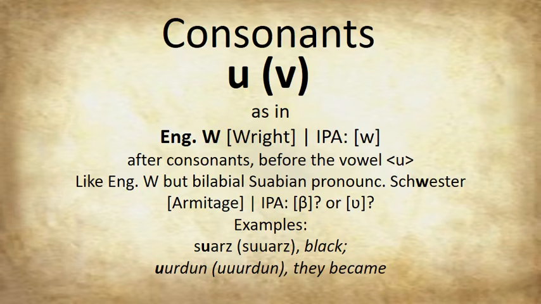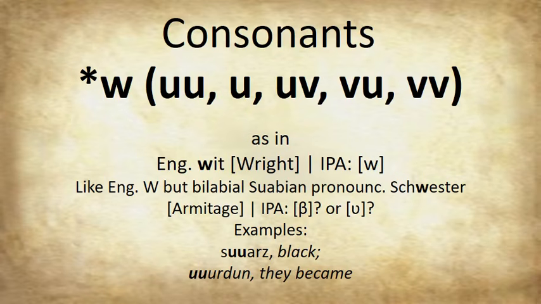So with Armitage's take on this sound, it would be, for example, schwarz, black, wurden, they became. Now touching upon the W: W as we're familiar with it does not appear in any Old High German manuscript, yet grammarians, particularly Joseph Wright in his primer, use the modern W form throughout his primer and glossary.